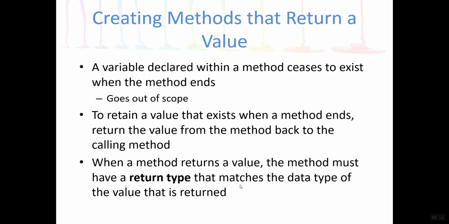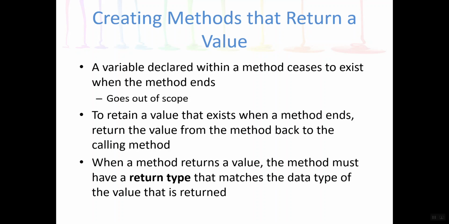So a couple things when you're using a method such as compute tax, once the method ends, any variables, parameters for that method cease to exist. So they go out of scope and they are not retained.